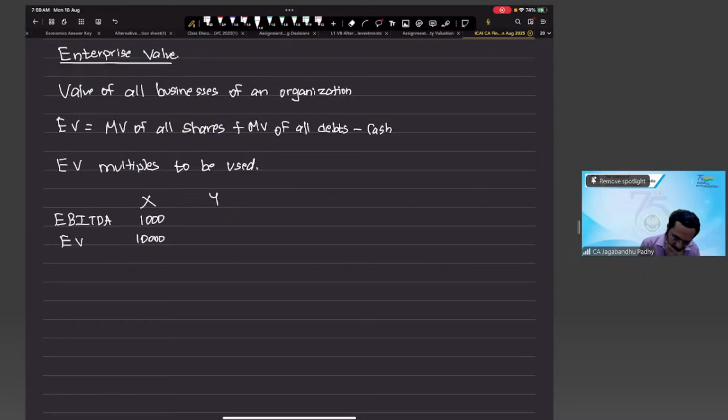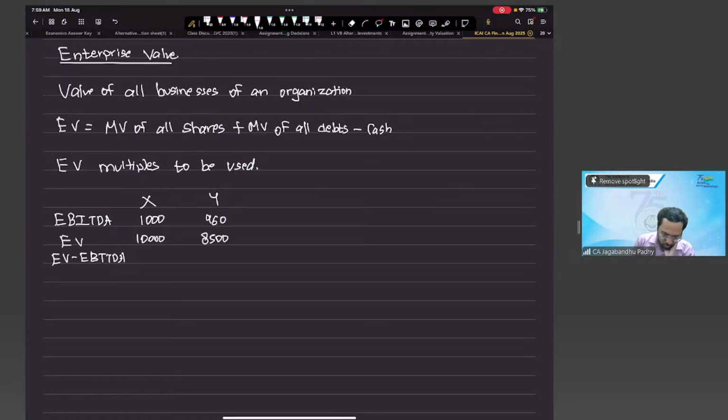Company Y has an EBITDA of, let's say, 960, and the enterprise value is 8,500. So can you tell me how much the EV to EBITDA multiple is? I hope we know what EBITDA is. Can you spell the full form? Earnings before interest, tax, depreciation, and amortization, sir.